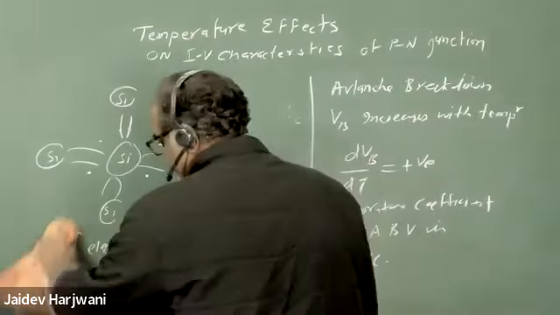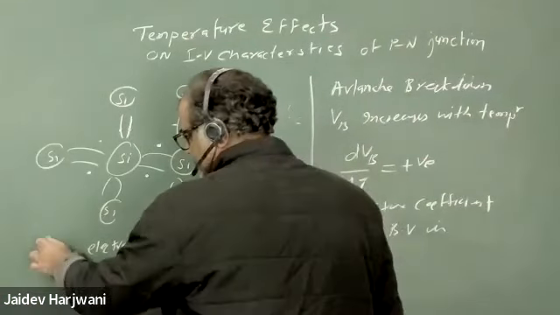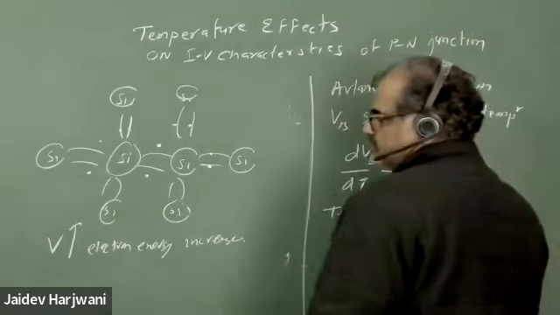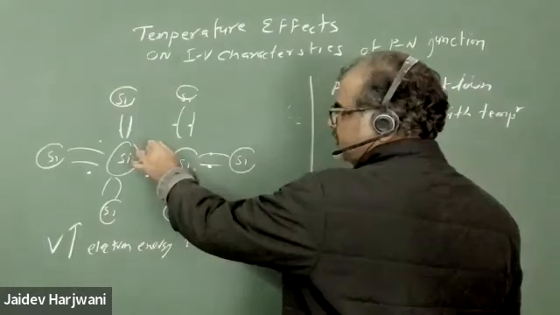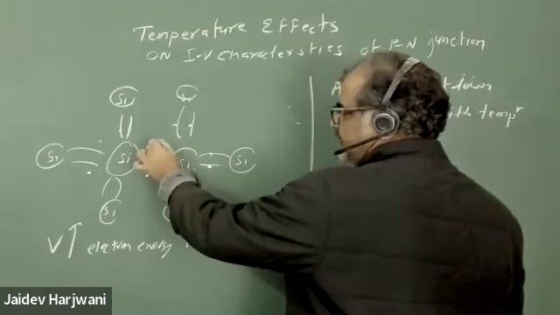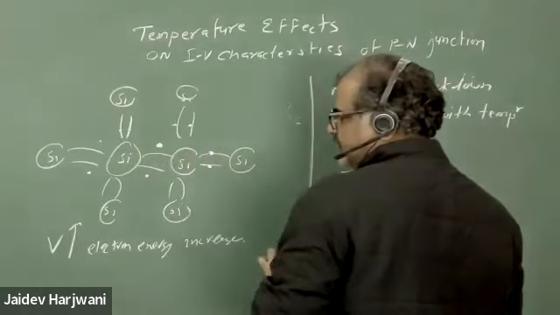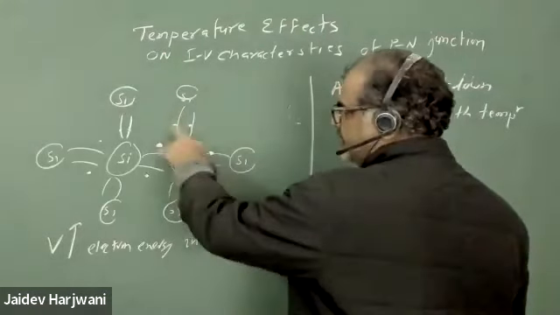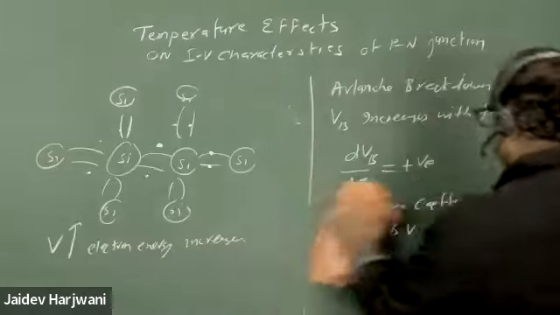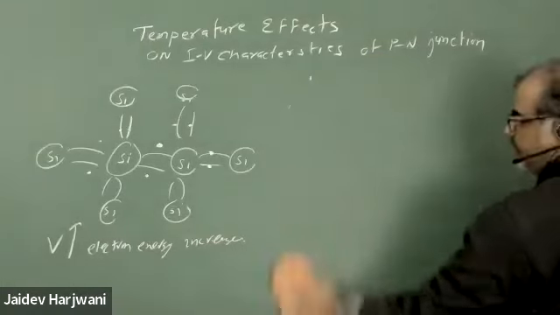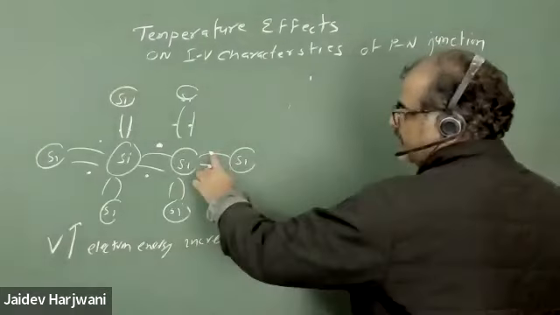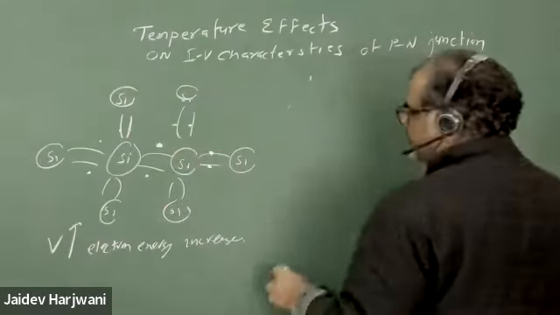When you increase the voltage, your electron energy increases. These higher energy electrons collide with the bonded valence electrons, break the bonds, and make more free electrons available.